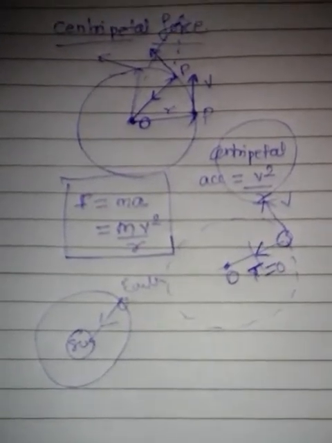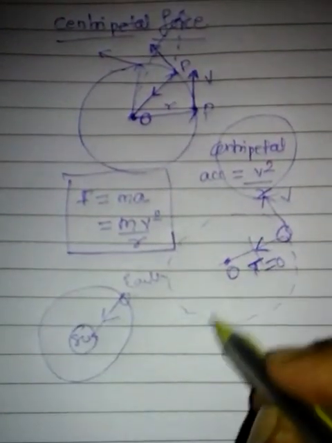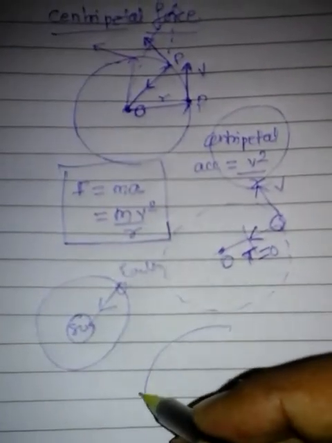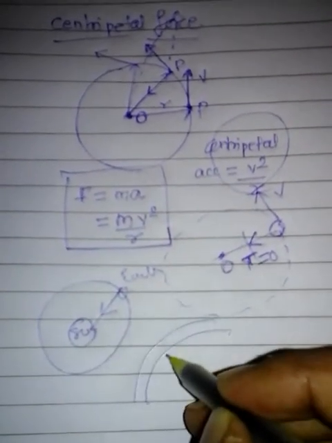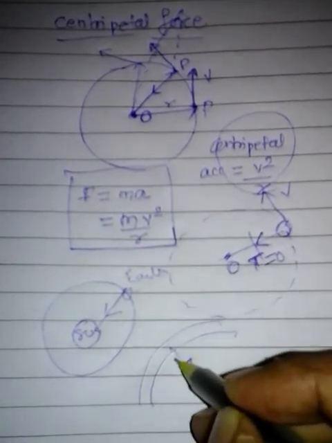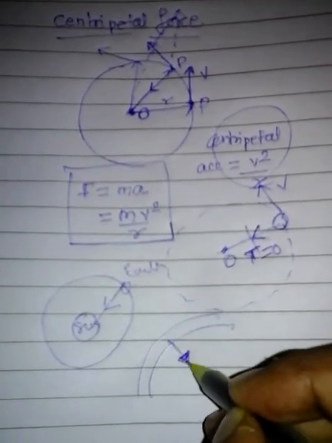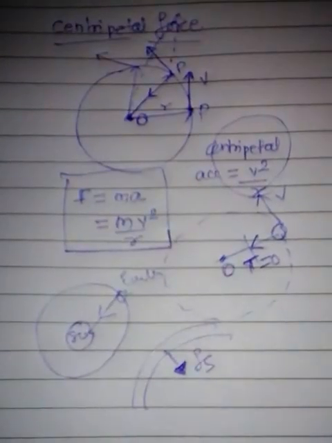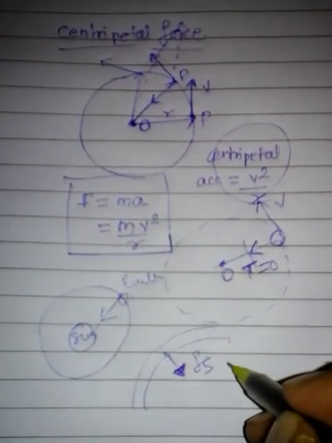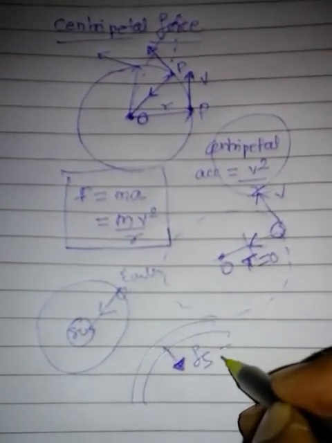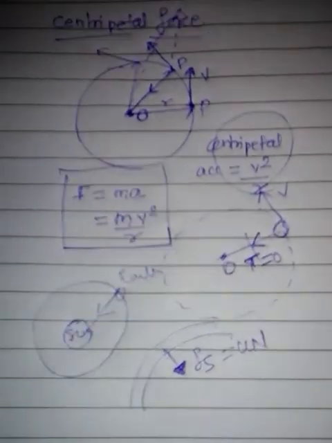So there are numerous examples of centripetal force. If there is a curved road and a vehicle is traveling, the force of friction acts as a centripetal force, which is given by mu times the normal.